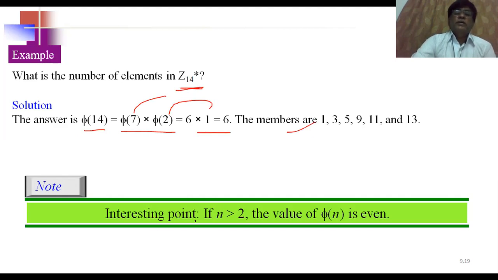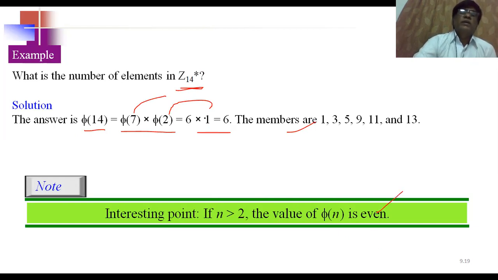Here, if n is greater than 2, whatever number n we want to calculate, then the value of phi of n is even. For all values greater than 2, the phi of n value is even.